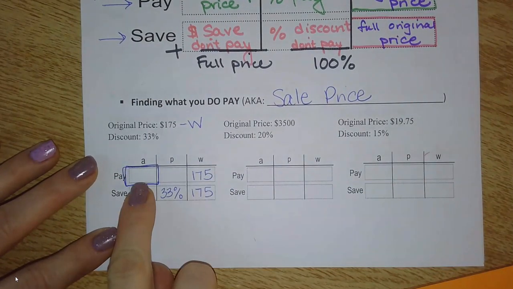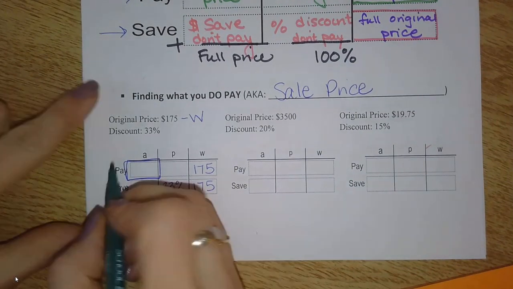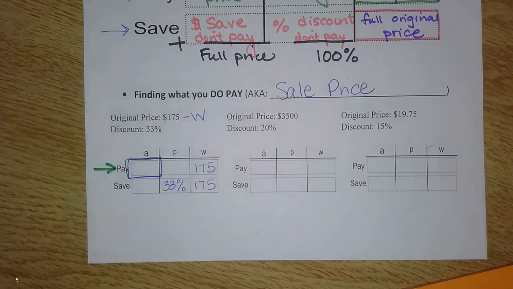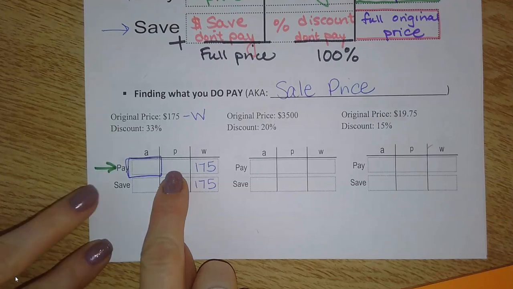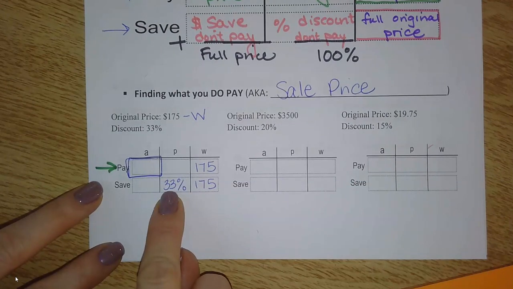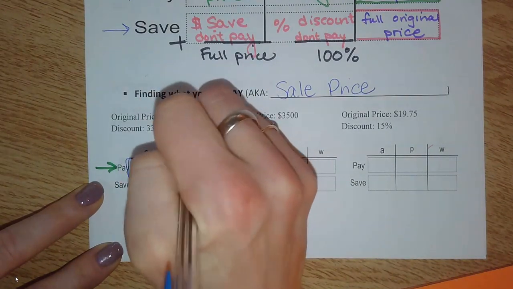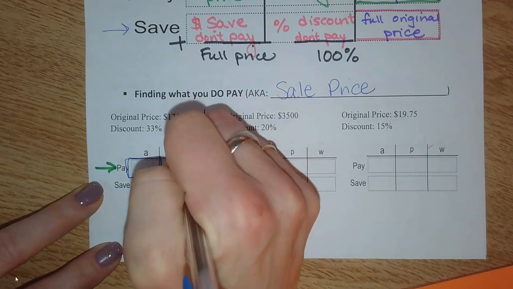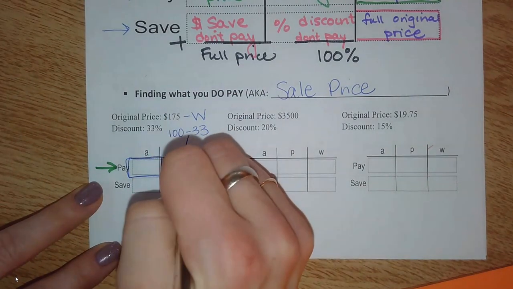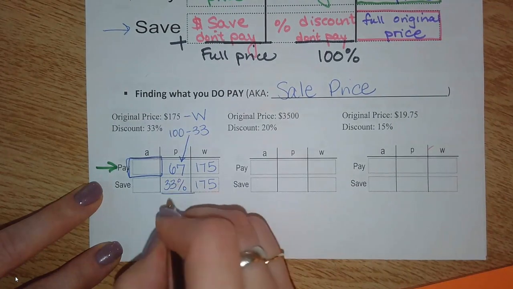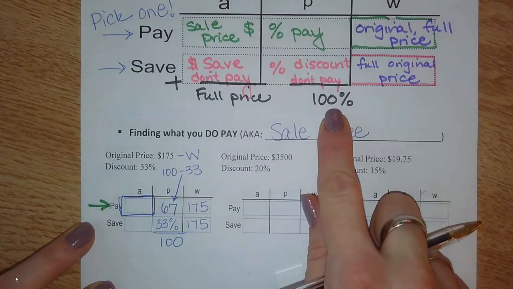Well, if I'm trying to find the amount that I do pay, I'm going to have to be using this green proportion. Problem is, I've got a missing thing here that I need to figure out first. So, if I'm not paying for 33%, I'm going to do 100 minus 33 to see what I am paying for. Okay, I'm paying for 67% because 67 plus 33 gives me that 100% like we know it has to right here.